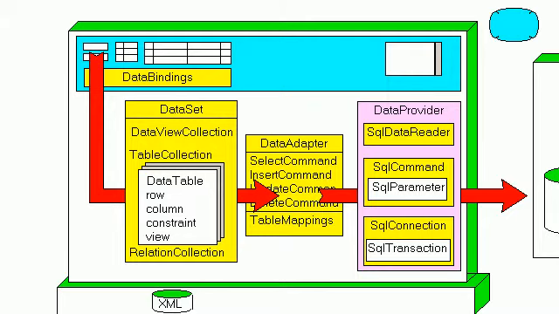And there are other commands for the type of the command. We know that we have SQL command, OLEDB command, ODBC command, MySQL command. But for the OLEDB command, there is no execute XML reader for this command. So, okay, we use SQL command.